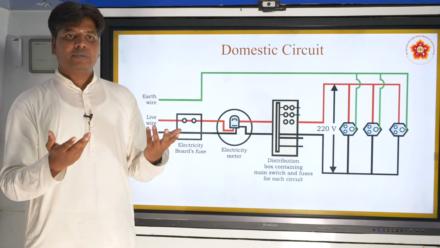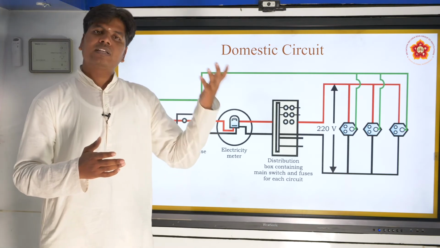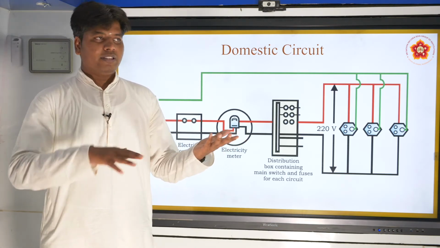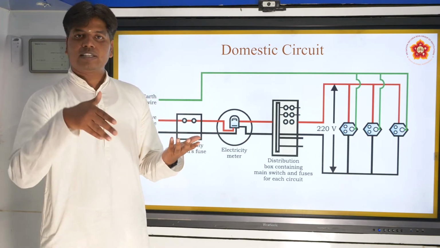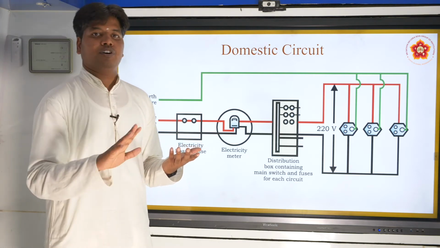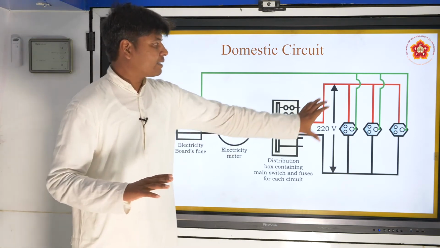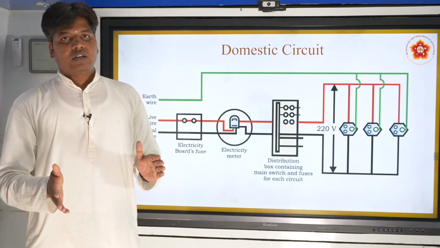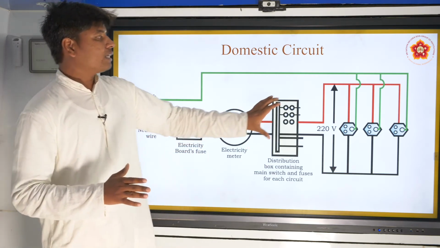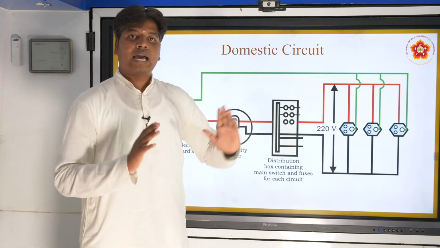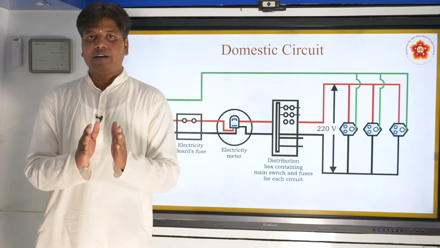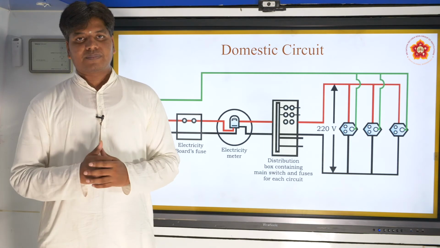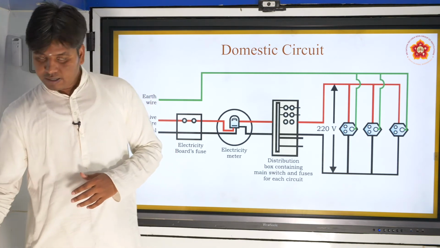Parallel connection means if you want to switch on the fan, you can just switch on the fan. There is nothing to bother about the light, whether you switch it on or off. Every appliance will have the same potential difference, 220 volts. So we are using the parallel connection to have independent usability, right?